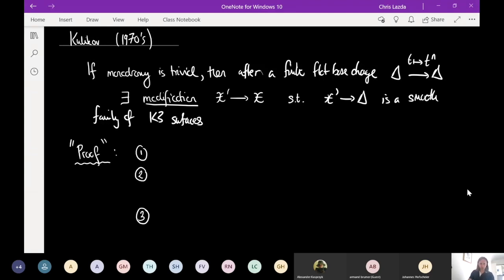And just to quickly sketch an outline of the proof, the first step of the proof, we use the semi-stable reduction theorem. So what this says is that after making a base change like this, I can assume that the family is semi-stable.